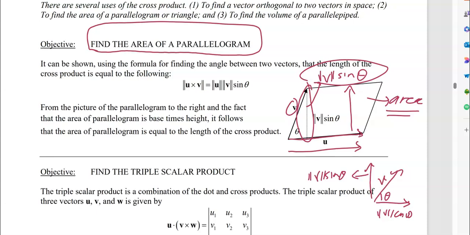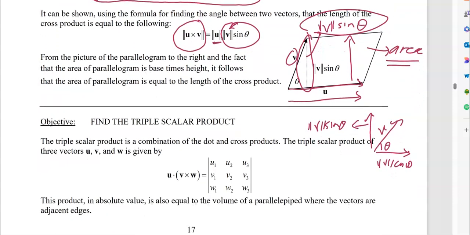To calculate the area, multiply the magnitude, the length of u, times v sine theta, where v is also a magnitude. That gives you the area of the parallelogram, which is the same as the magnitude of the cross product. Okay, so look at that.